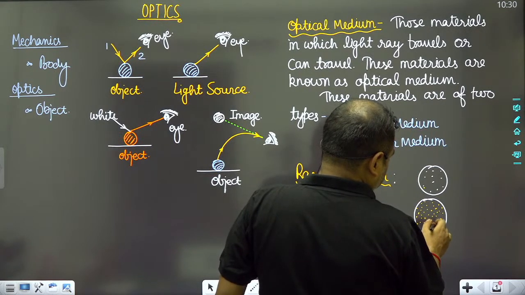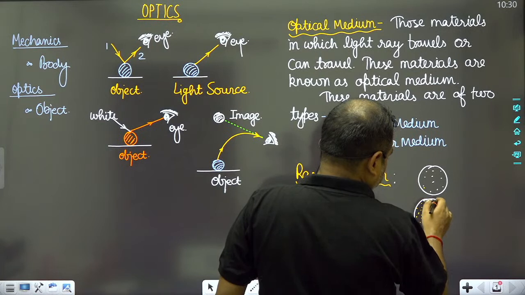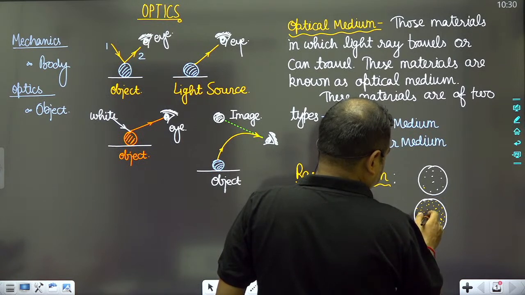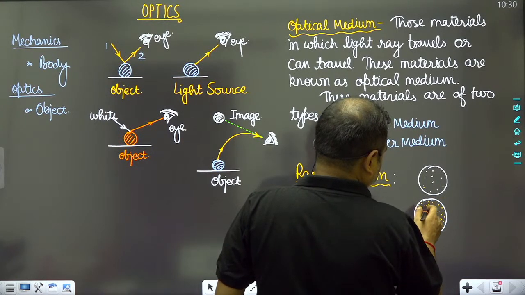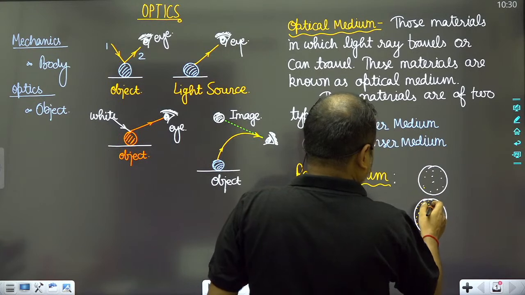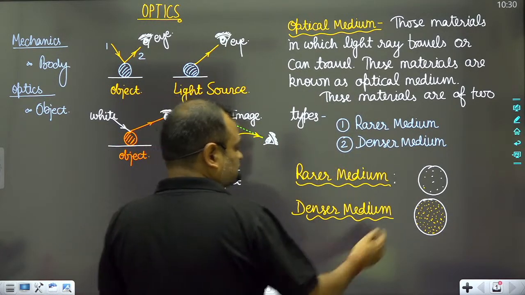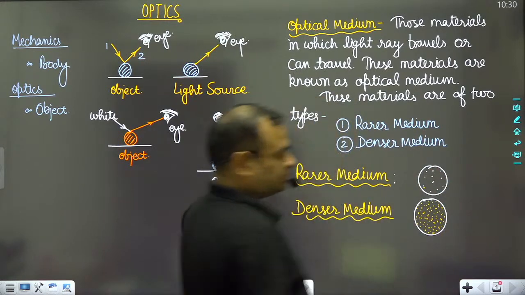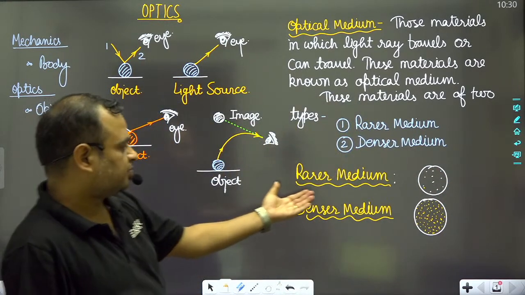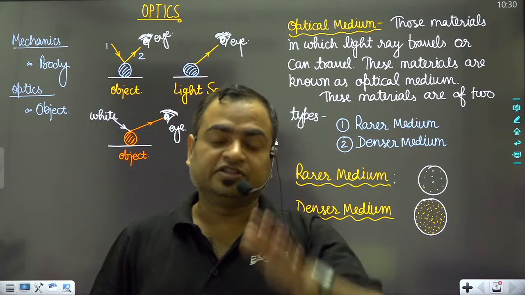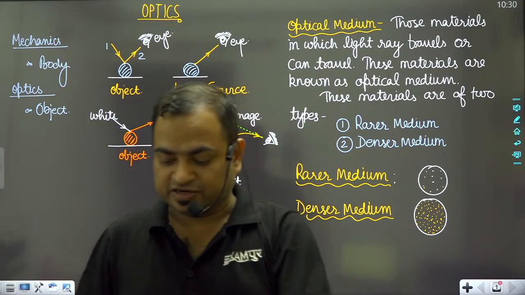So these are the rarer and denser mediums. You can very easily compare, but they are not predefined. These are defined after comparison.